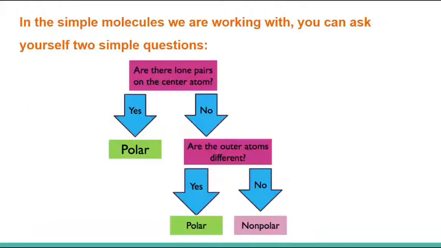You can really come down to answering two simple questions to figure out if our molecule is polar or nonpolar. And before I even get into what these questions are, look at the format of the flowchart.